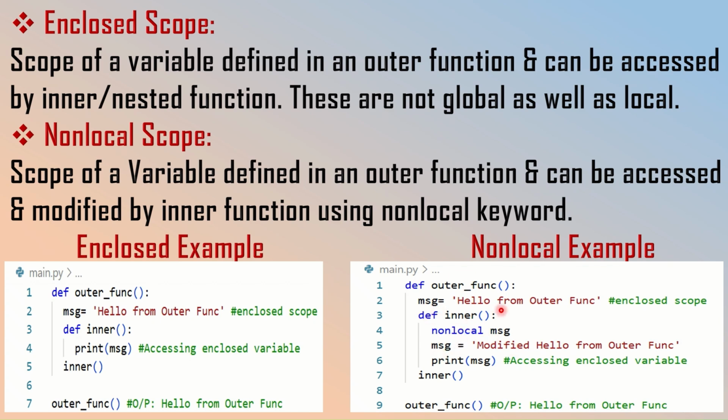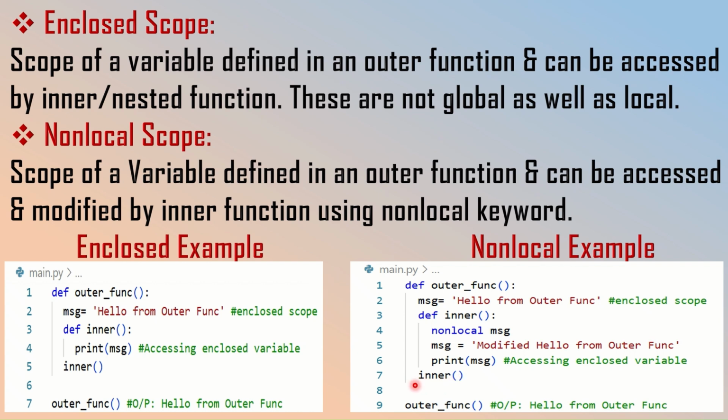Initially we have the value hello from outer function, and inside this nested function I modify it to modified hello from outer function. Then inside the inner function I print the statement, and finally I call the inner function. From the third line to the sixth line is the function definition for the inner or nested function. If we want to run it, we need to call this function, right?